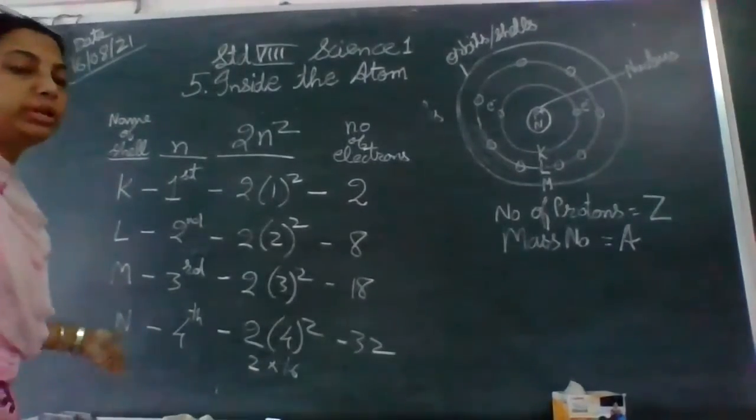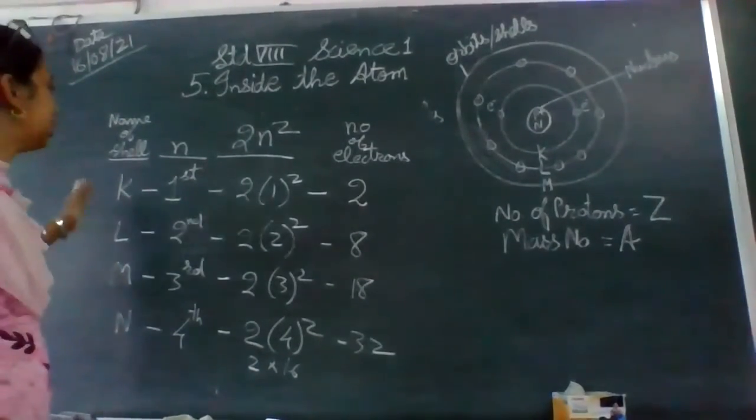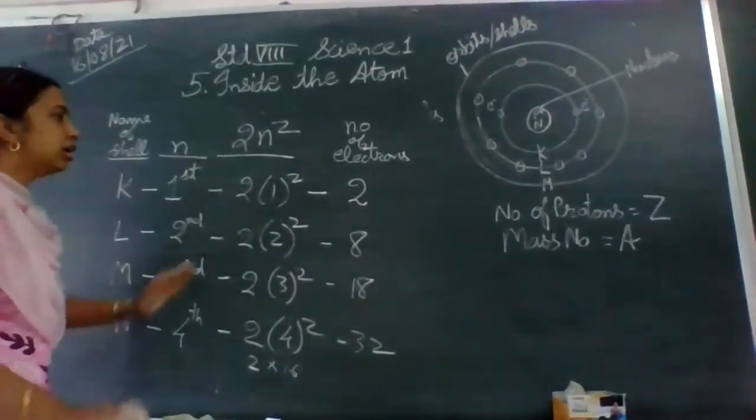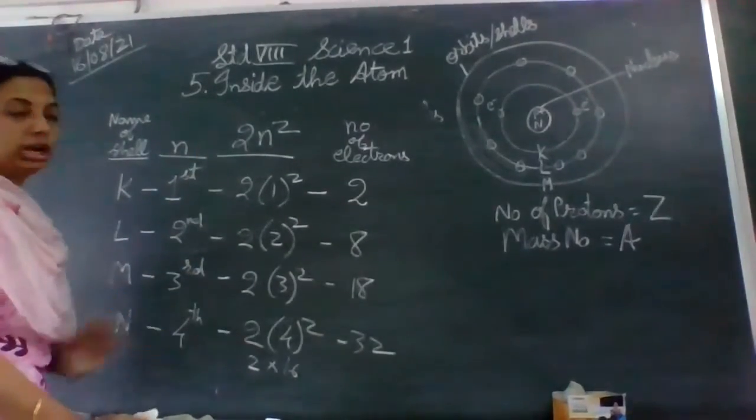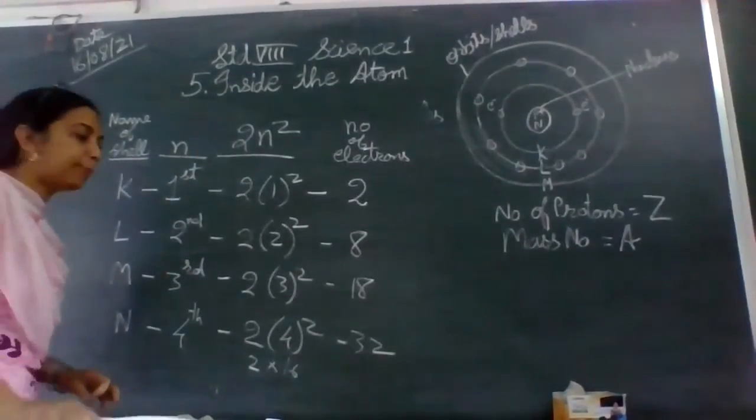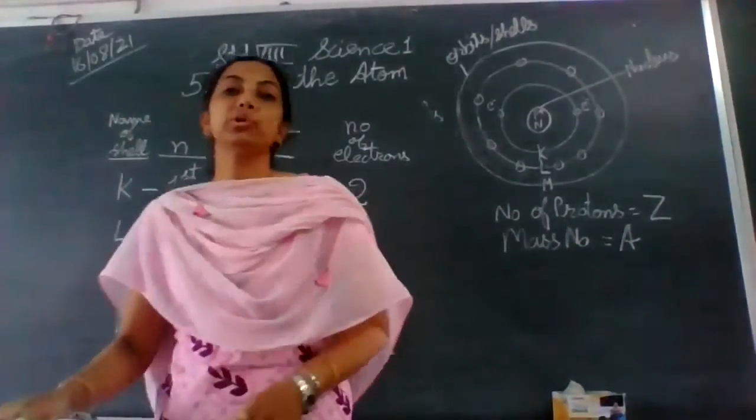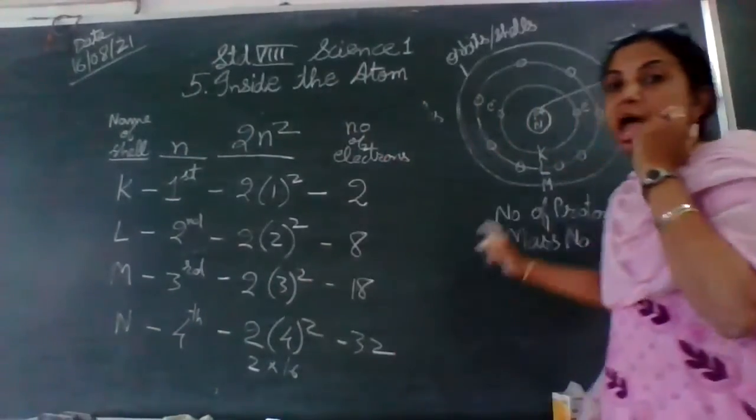That way, with the conventional names and the number of the shell, the electron accommodating capacity is going to increase in the atom.